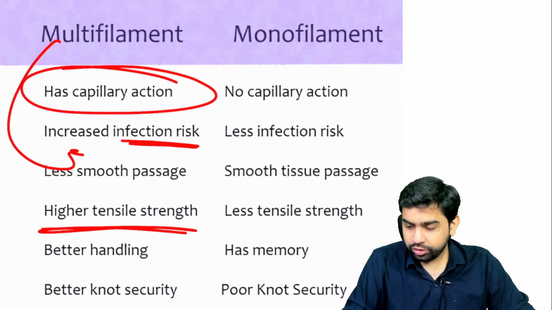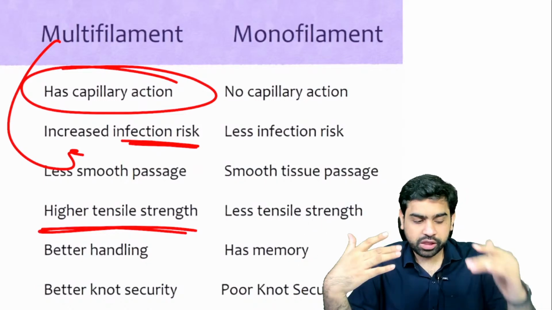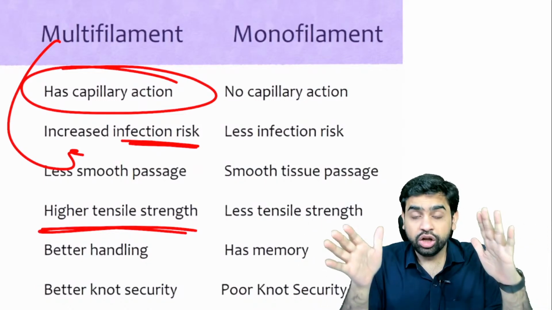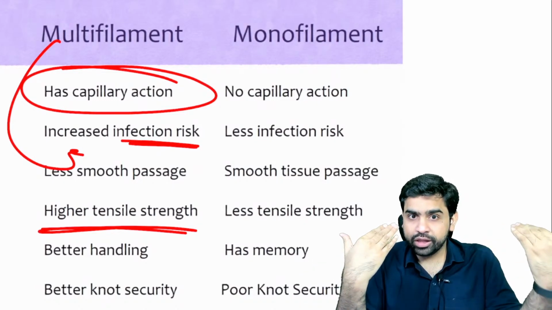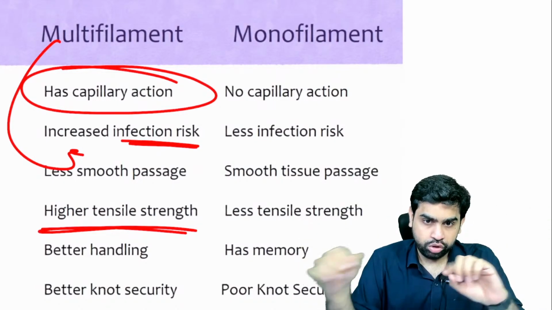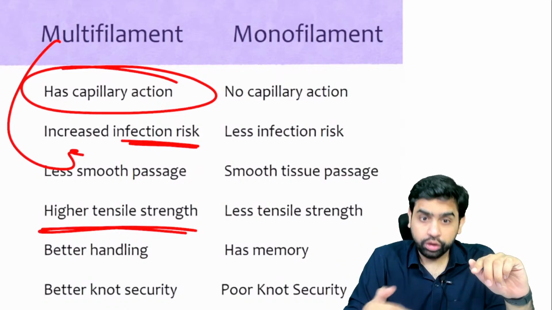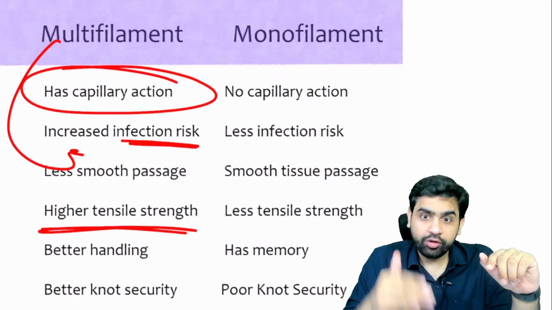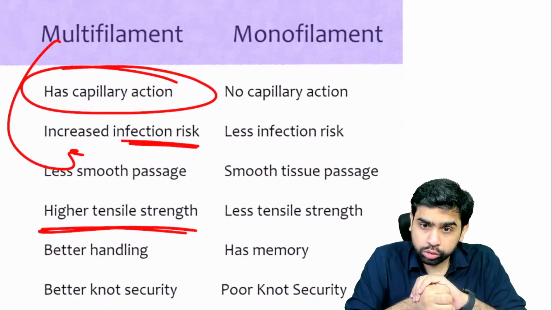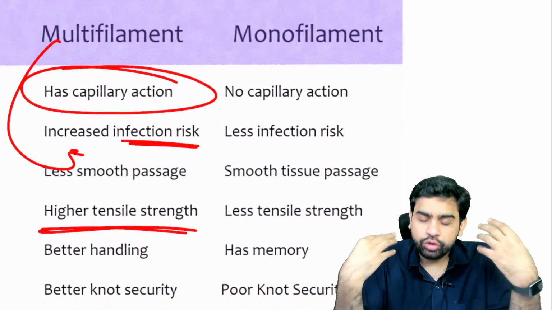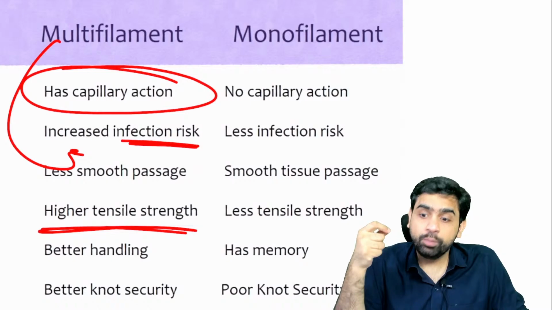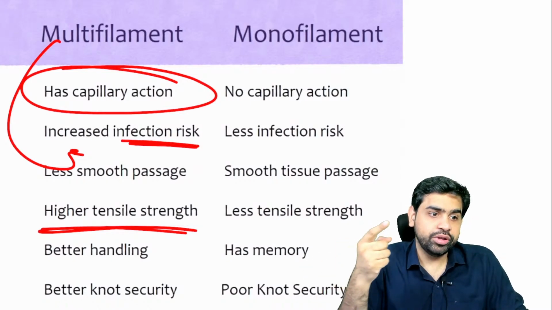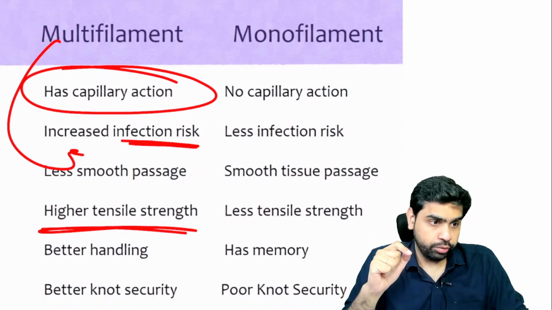Memory is basically the tendency of a suture to go back to its normal position. That is going to be more with the monofilament suture, and because the memory is more, the knot security is a bit less, because the sutures are going to try to untie themselves. That is why the knot security with monofilament sutures is less as compared to multifilament sutures.